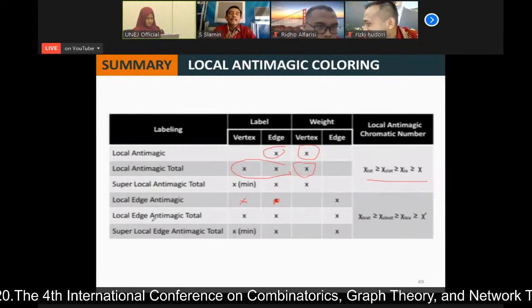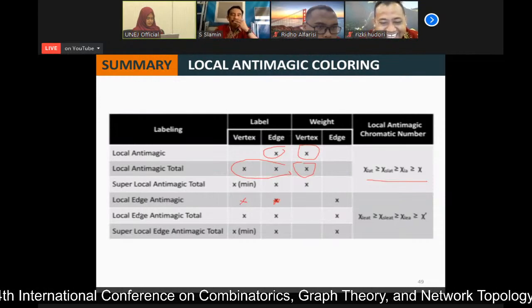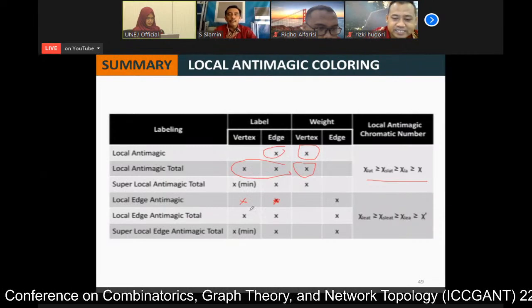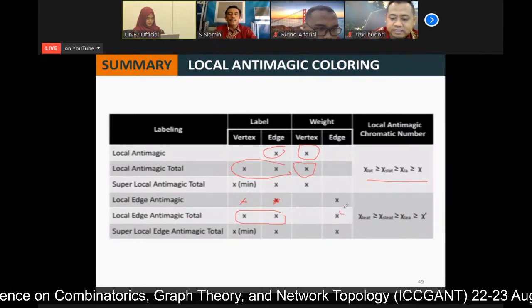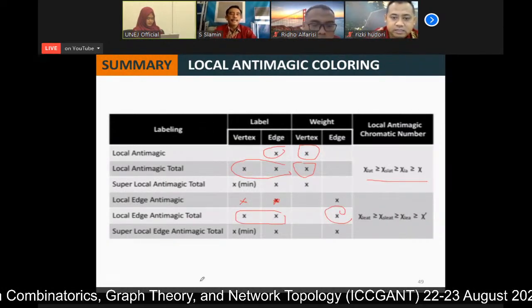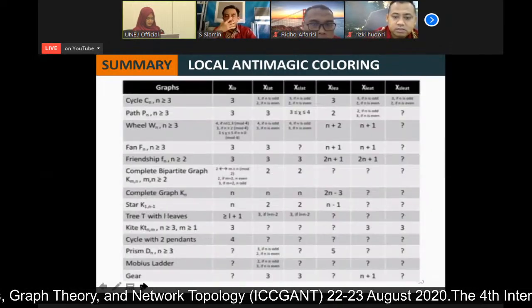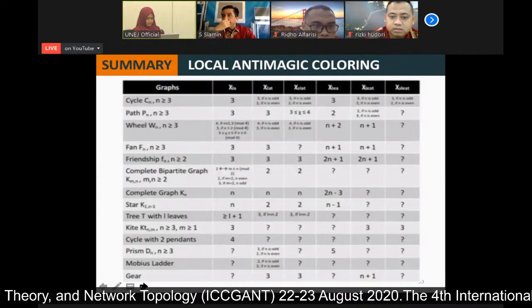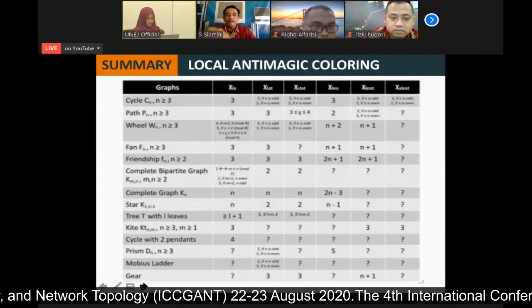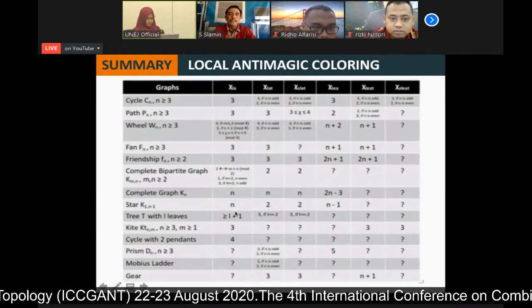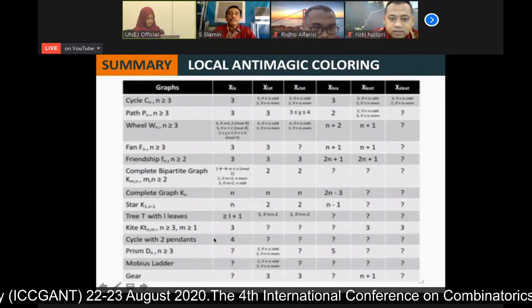The second one for the edge version is called local edge anti-magic total, where we label both and calculate on edges. Next, this is the summary of the results on that kind of labeling. There are still many open problems, especially for the super version.